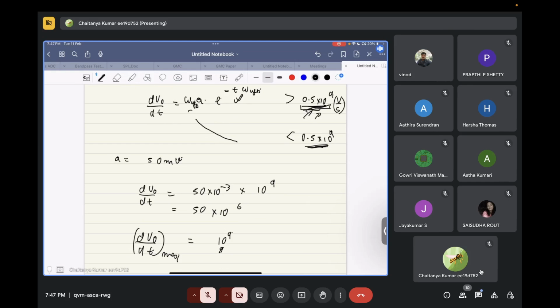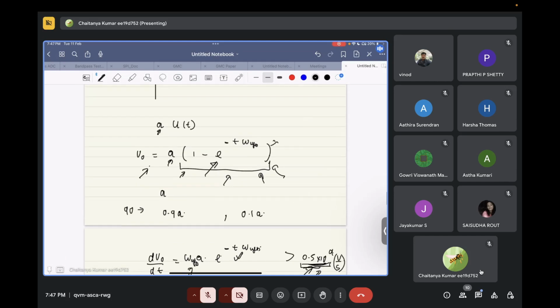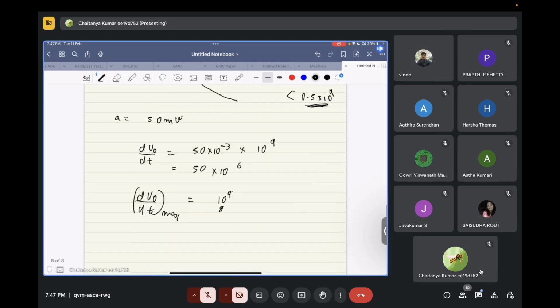But from this equation, what is the maximum rate of change it is asking from the op amp? It is 10 to the power 9, right? This is the rate of change from the linear equation of the op amp, right? So this is basically 10 to the power 9.